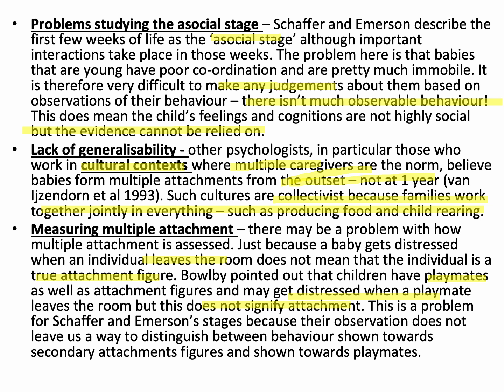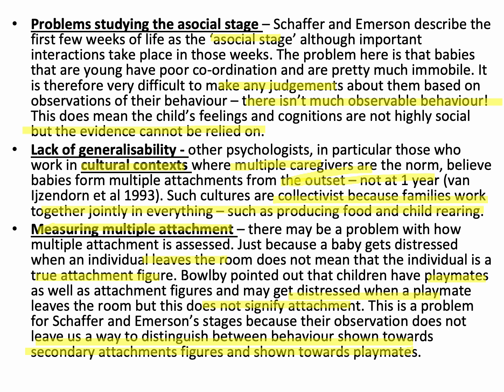This is a problem because Schaffer and Emerson's stages state that the distress is due to attachment, and it doesn't leave us a way to distinguish between behaviour shown towards secondary attachment figures and towards playmates. So we don't know in that multiple attachment stage what we are measuring. Is it a playmate? Is it an attachment figure? Have they actually formed multiple attachments at this age?